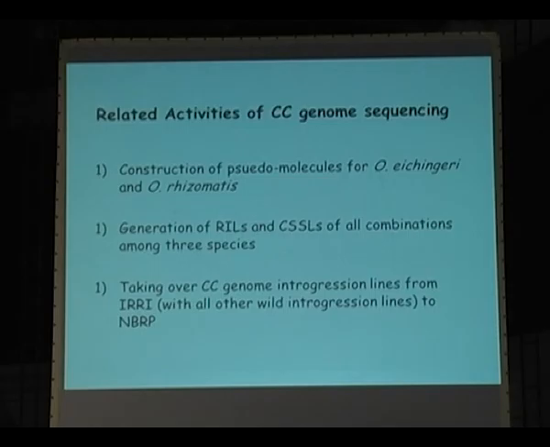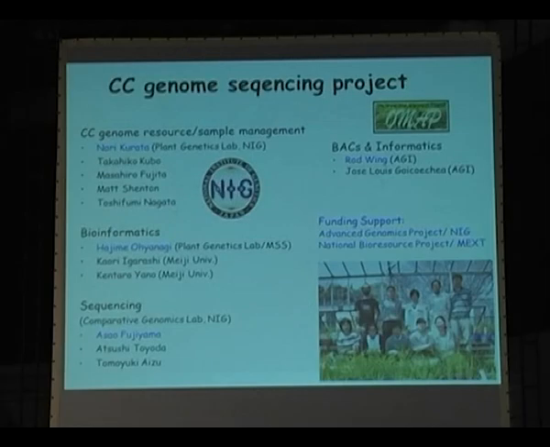We have just started the crossing and generating seeds. The last one is taking over CC genome introgression lines from IRRI, from Dr. Brar, together with all other wide introgression lines, to our National BioResource Project Japan.